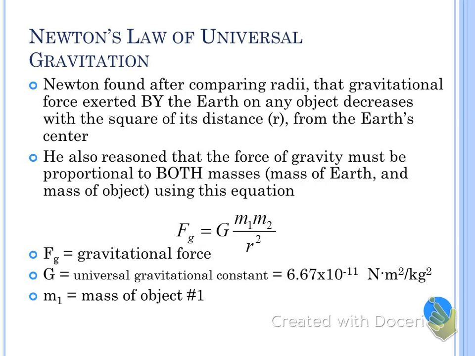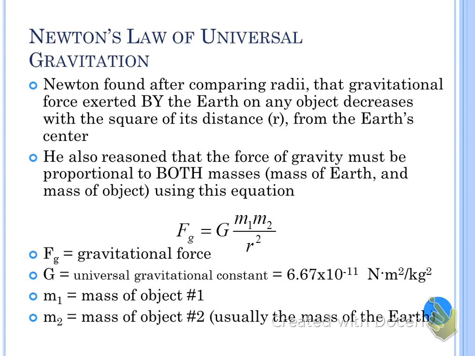So I'll go ahead and walk through what these subscripts, or what these variables are. Okay, F sub g is our gravitational force. Big G is a constant that I'll give you the value for here in just a second, but it's a constant. So big G value never changes. M1 is mass of object 1, M2 is mass of object 2.